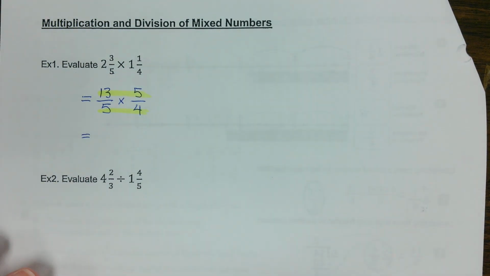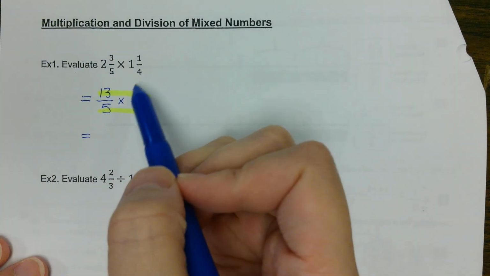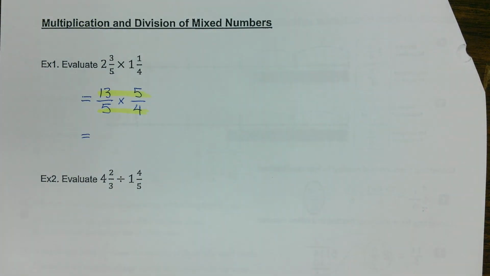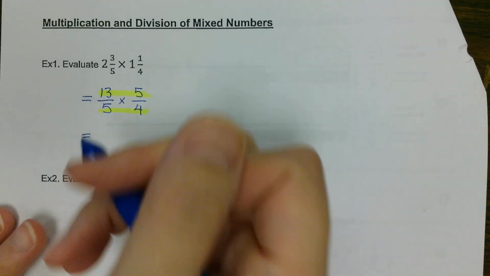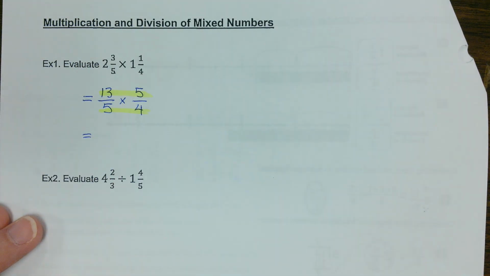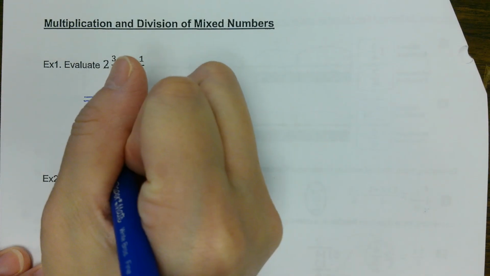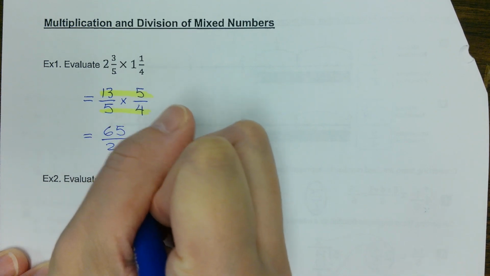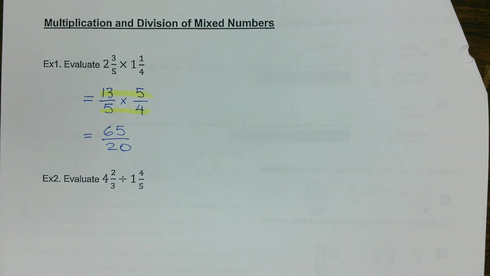Okay? If your elementary school teacher is really good, she would have taught you guys to reduce. Let's say, oh, I didn't catch that. It's okay. I didn't catch that at the beginning, so I just did the 13 times 5, which is, what's that? 13 times 5, 65. And then 5 times 4, 20. Okay?